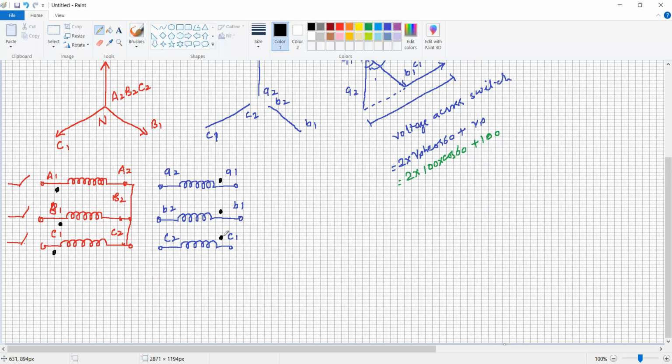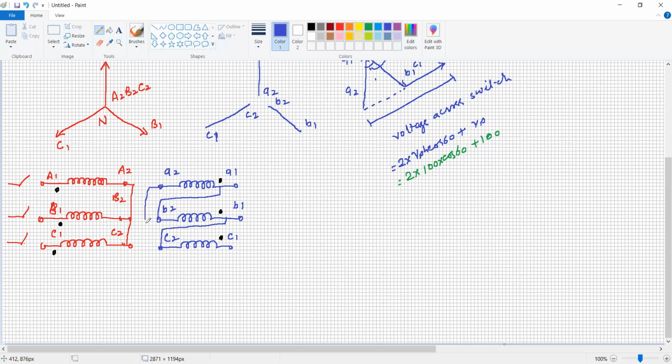Dot means the voltage A1, A2 are in the same phase or in the same direction. Now, to make it a delta connection, A1 is connected to B2, B1 is connected to C2, and A2 is connected to C1.